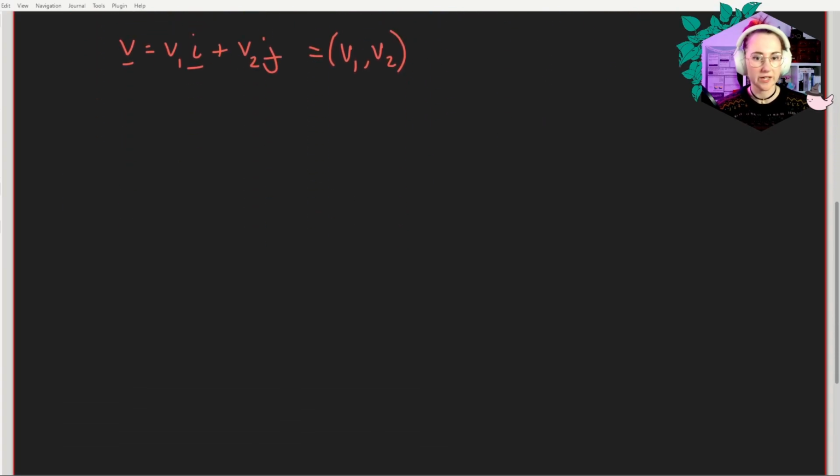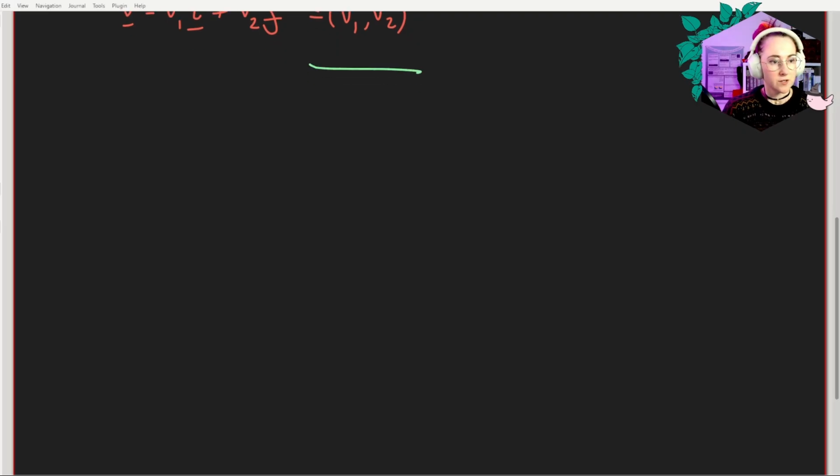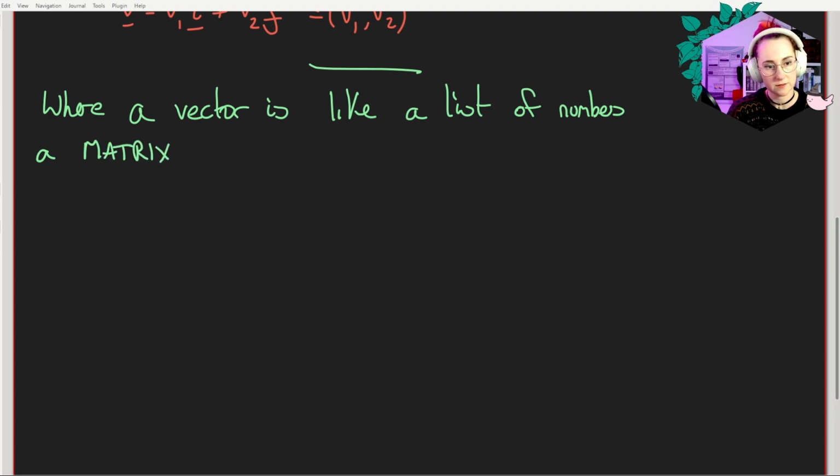So today, we're going to be moving on to linear transforms and matrices. So where a vector is a list of numbers, a matrix is an array of them.